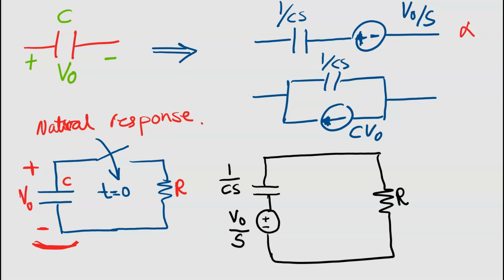So now if I'm looking for the current in the circuit, let's assume that in my initial circuit, I was looking for I of t and for V of t, in which I is here and V is the voltage here. Now, this is my equivalent circuit in Laplace domain.